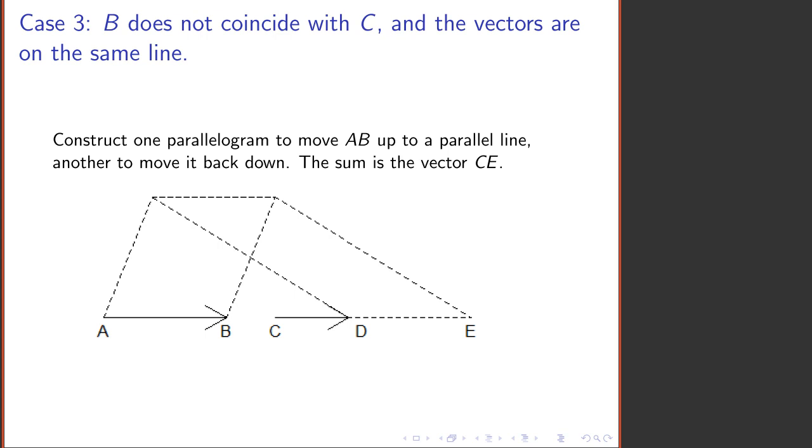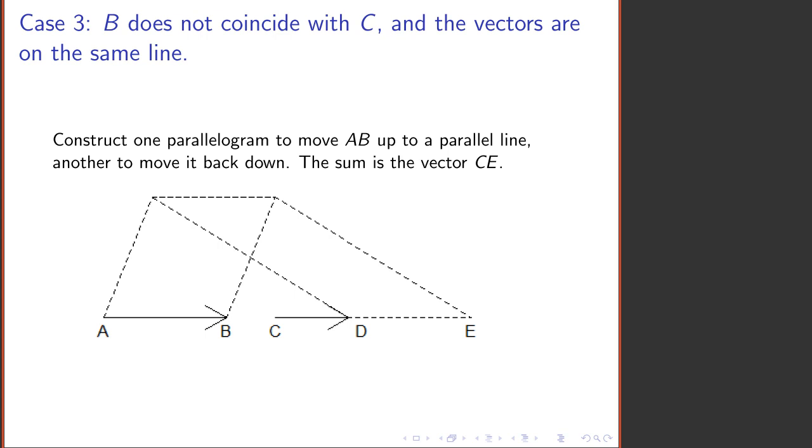The trickiest case is one you might have thought would be the easiest case. It's the case where AB and CD happen to lie on the same line. And in this case, we have to draw two parallelograms. We draw one parallelogram that creates a vector that's equal to AB anywhere that's not on the line. The length of this side is irrelevant. Any length works equally well.